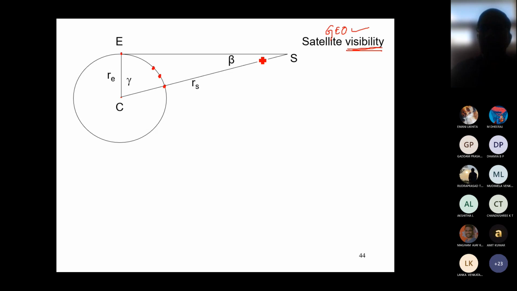And if I make a triangle, the line joining between the center of the Earth, the Earth station on the surface of the Earth, and the satellite, if you make a line joining between all 3 points, I can make a triangle, and this triangle is a right angle triangle, and the angle I have considered as gamma.